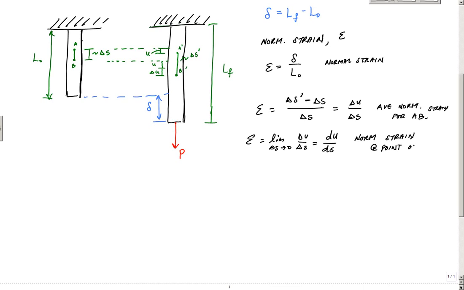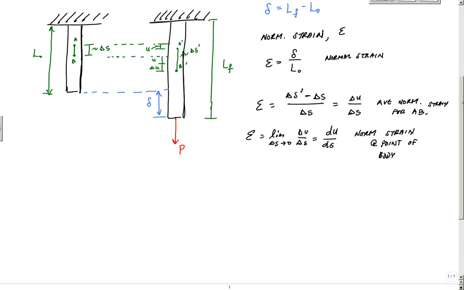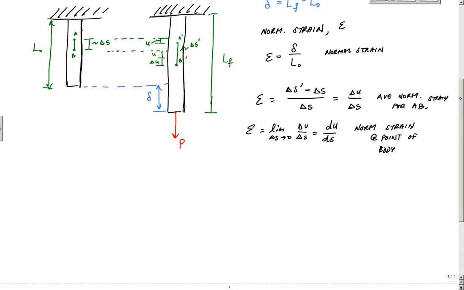But we're not going to be using this derivative application until a little bit later on. Right now, we're going to stick with this definition. I would say this is probably the most useful definition and the best way to calculate our normal strain of a segment or a point.